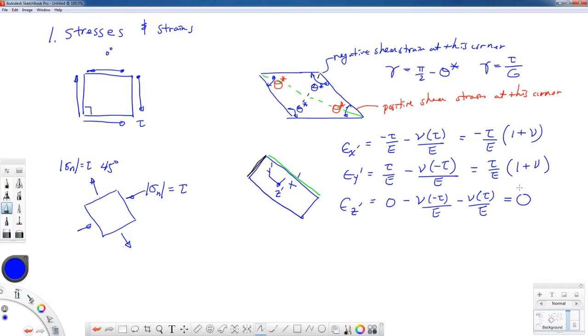There is no strain in the z prime direction for pure torsion. Let me just make a note here. Note, I must use 3D Hooke's law. Okay, so some of the homework problems, they like you to calculate the strains or make a sketch of what the strain state would look like, and this is what they're talking about for that kind of problem.